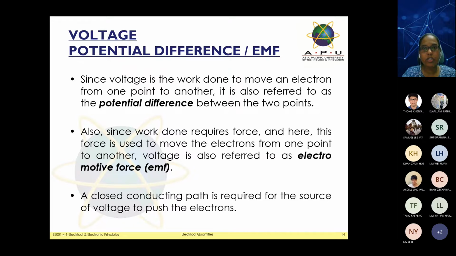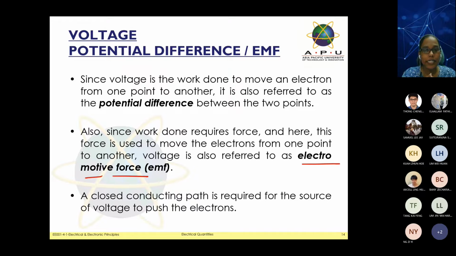When it comes to EMF, what do they mean by EMF? EMF is the electron motive force, they call it EMF. And how does it work? There is a force used to move the electrons from one point to another, which is also voltage.